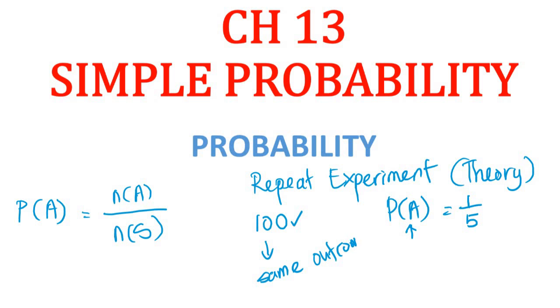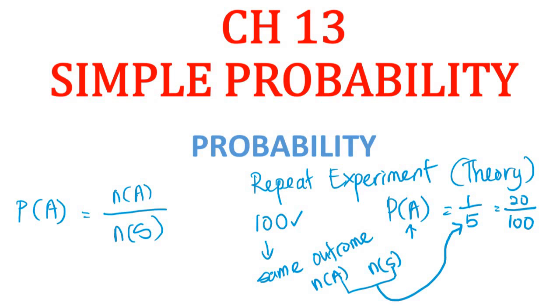Same outcome means the number of events and the number of sample space should be the fraction 1 over 5 in simplest form. So 100 times totally, 1 over 5 means the event A should be 20 over 100. Then only you will get 1 over 5.